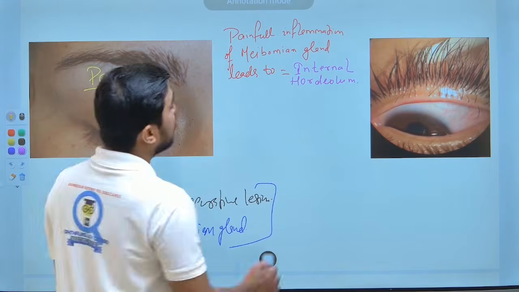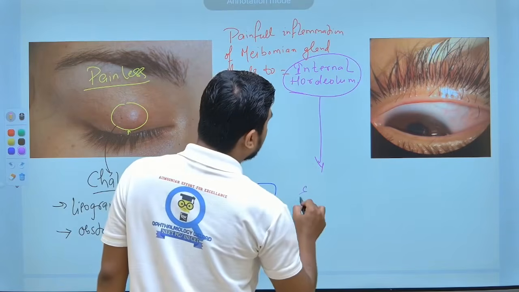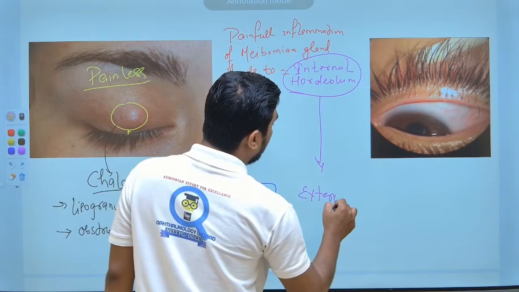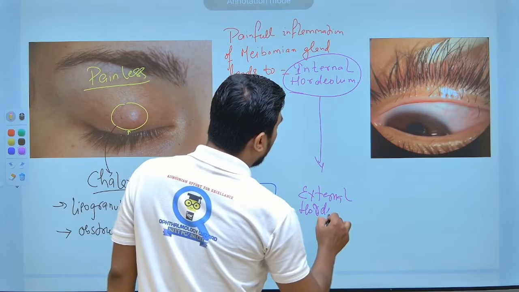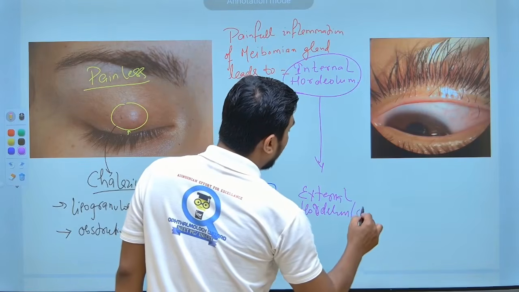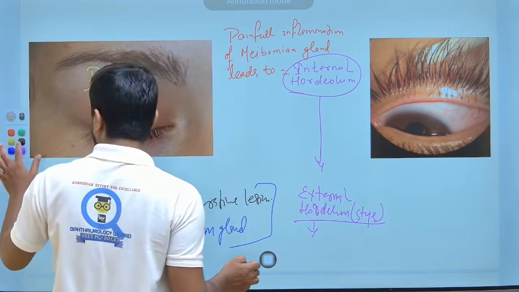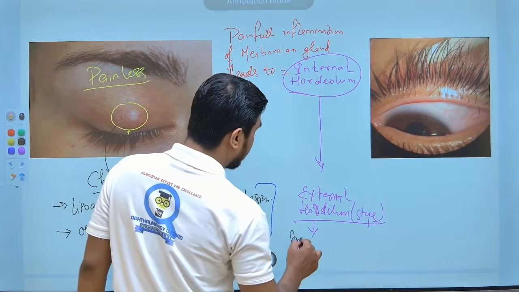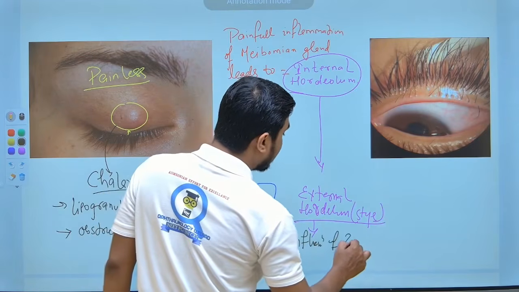Then if I am talking about the internal hordeolum, I will also have to talk about external hordeolum. So what is external hordeolum? External hordeolum is also known as stye. It is the inflammation of Zeis and Moll gland.